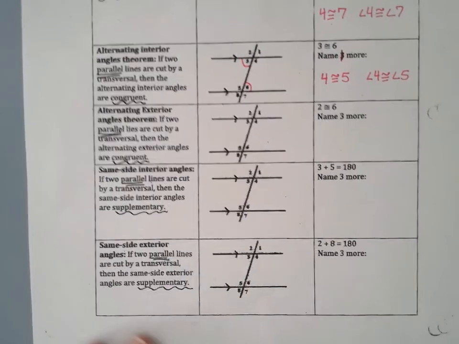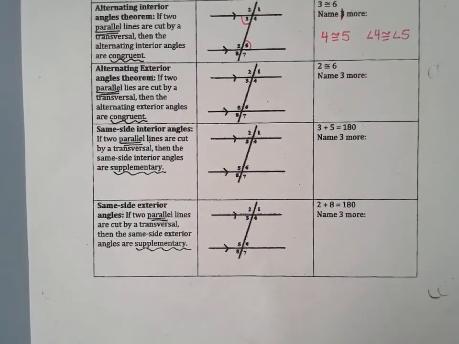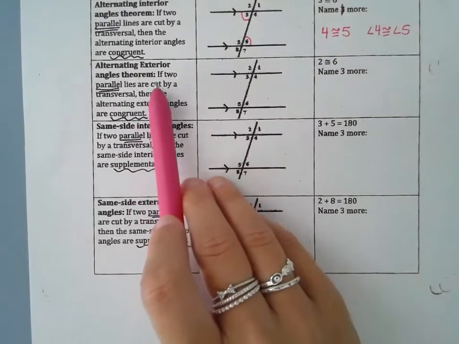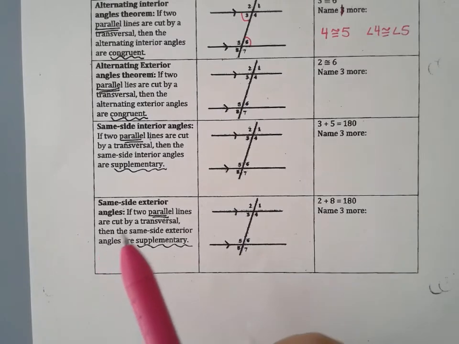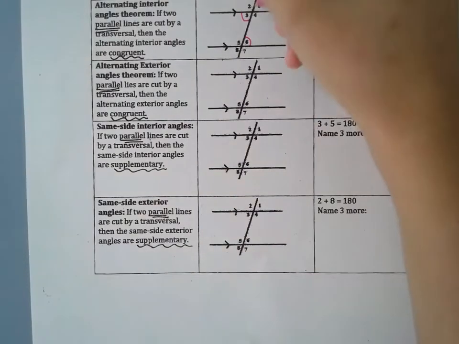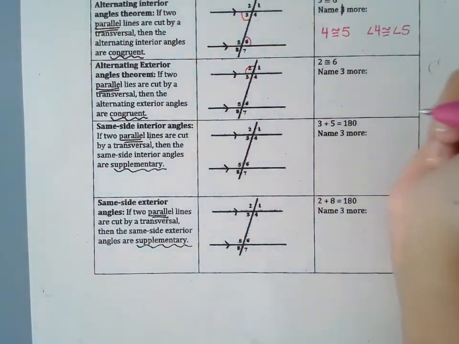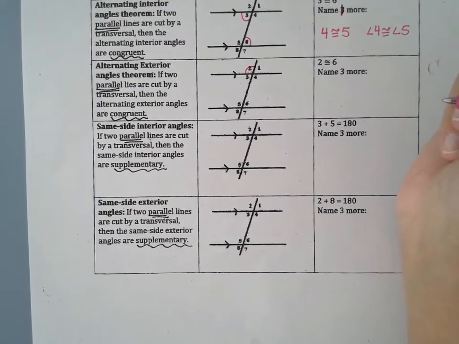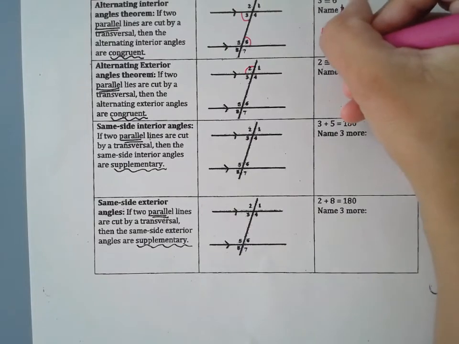Now we have the alternating exterior angle theorem. So this says if two parallel lines are cut by a transversal, then the alternating exterior angles are congruent. Our example that we're given here is angle 2 is congruent to, and this should be 7. I don't know why it says 6.